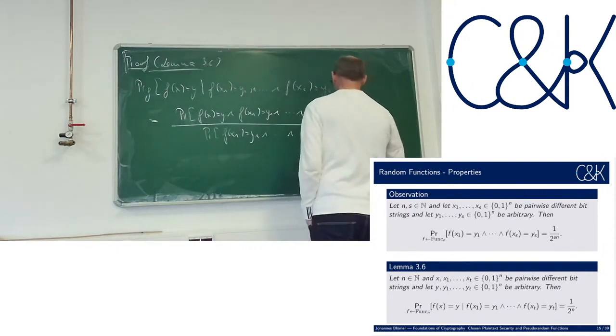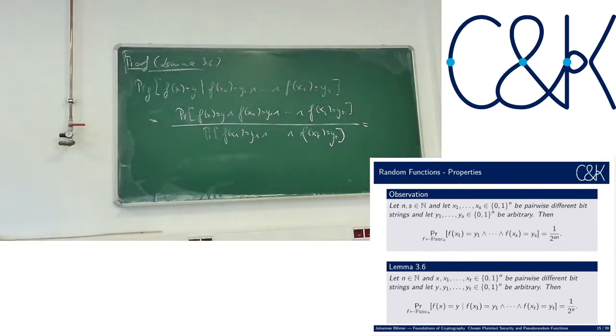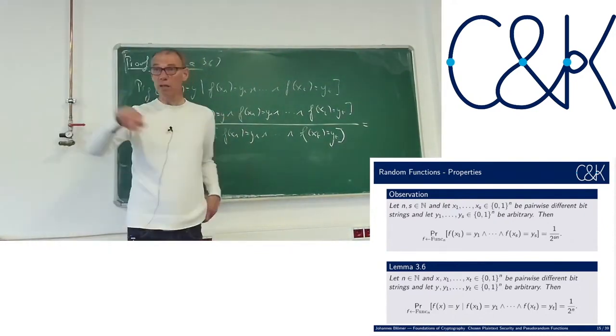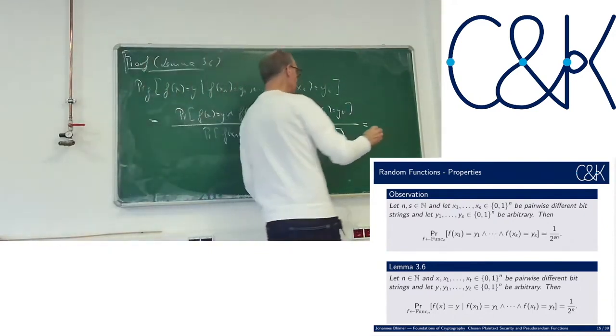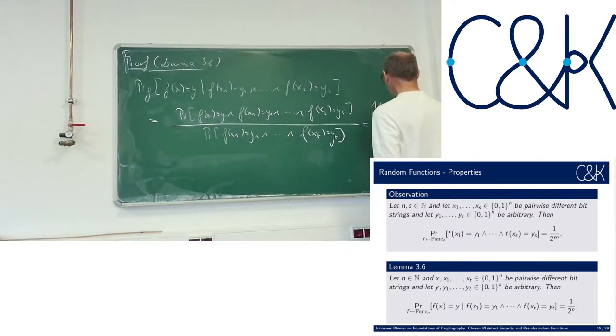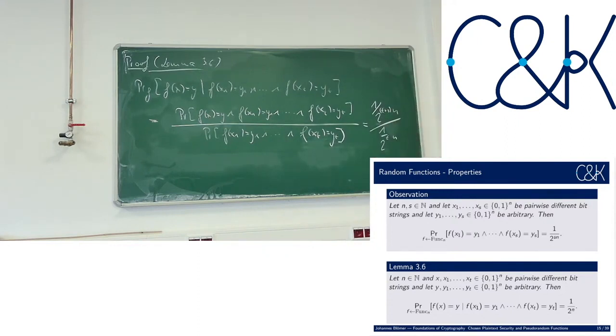From our observation here, we know that in this case we have t plus 1 of those things. So this is 1 over 2 to the n times (t plus 1), divided by 1 over 2 to the, here we have only t of these, t times n. And now we are done. This is 1 over 2 to the n. We are done.